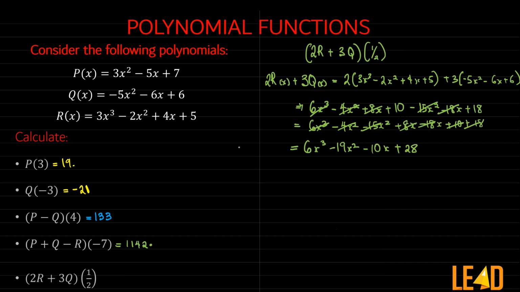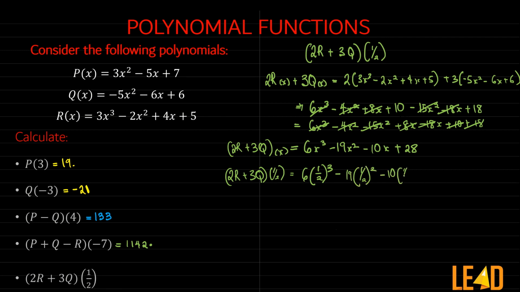So I have my 2r plus 3q of x. So I need to plug in half now. So to get 2r plus 3q of half, that would be 6 multiplying half to the power of 3 minus 19 bracket half to the power of 2 minus 10 times half plus 28.